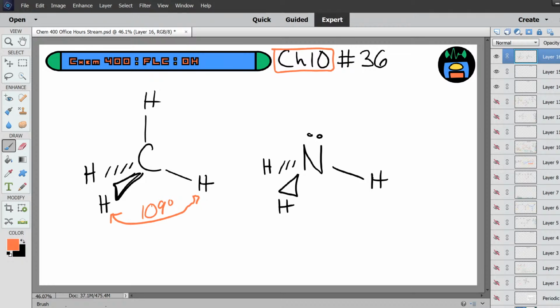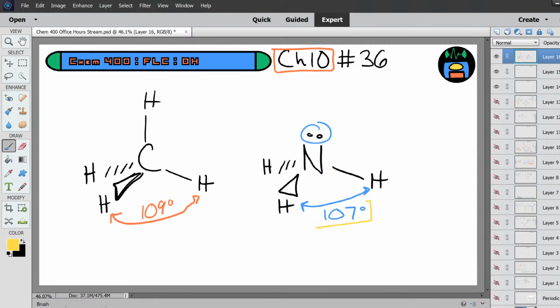So Kate, when comparing methane to ammonia, they both have tetrahedral electronic geometries, but because of this lone pair, it squeezes the bond angle down by 2 degrees because that lone pair has more repulsion than a bond.